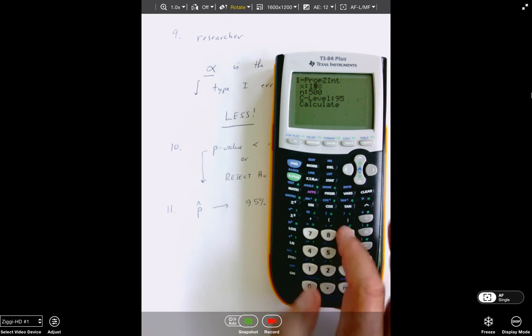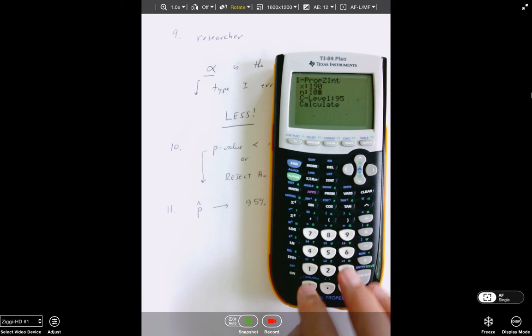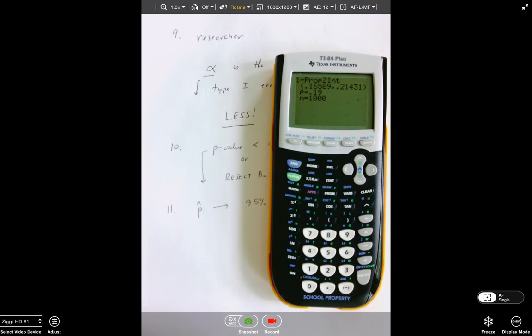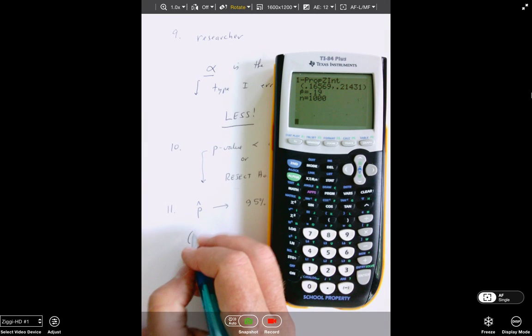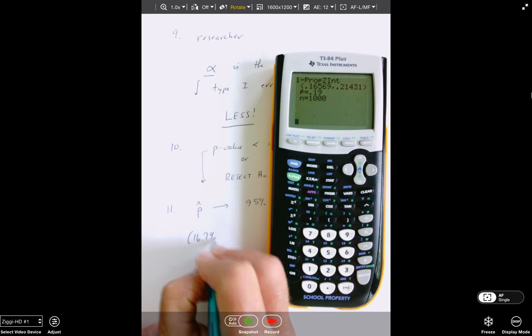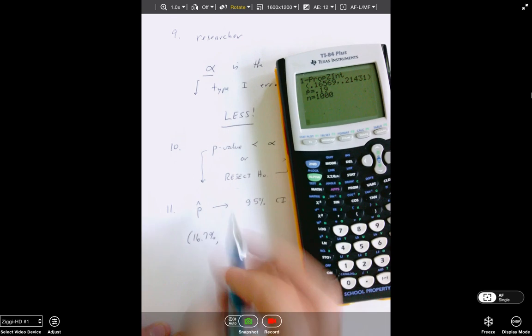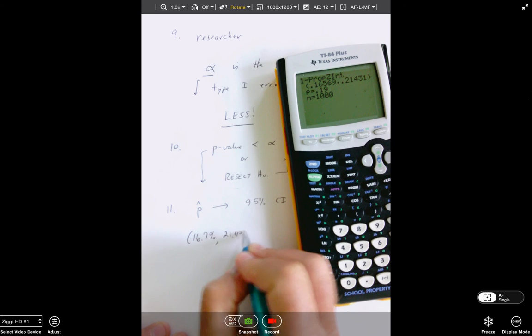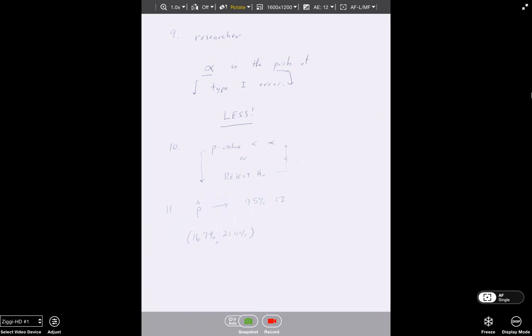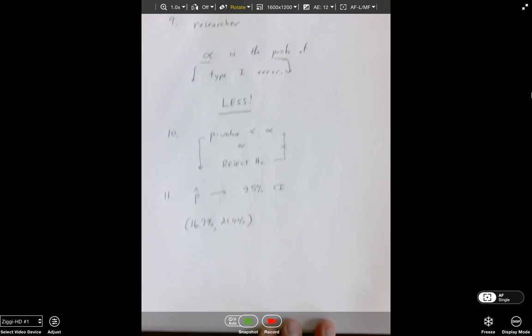So we had 190 out of 1,000 that were sampled, and we want a 0.95 level of confidence, so we could calculate. What would have been much more appropriate to say is that between 16.7% and 21.4% of Republicans or Republican leaners intend to vote for Jeb Bush.